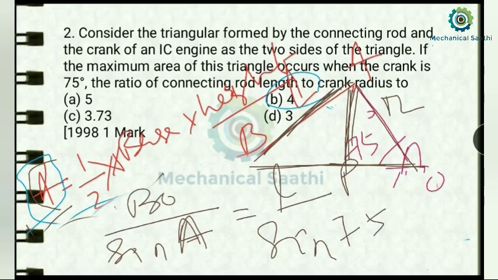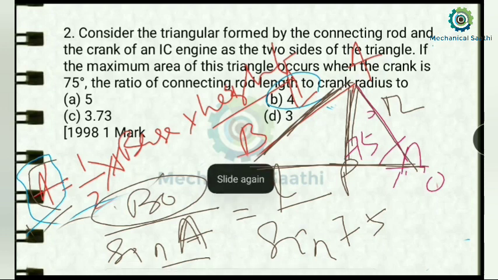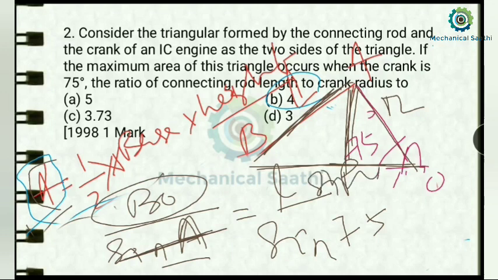So BO by sine A equals L by sine 75, and we can calculate BO as L sine A divided by sine 75.